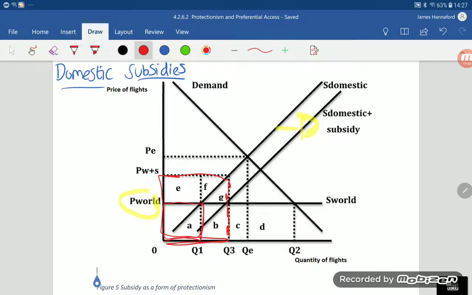So what we'll do is we'll now shade in this new revenue for the firm, the domestic firm. In contrast, the foreign producer revenue was B, C, and D. Okay, so that was the quantity being imported times the price, so it would have been this area in green. However, after the subsidy had been introduced, they were just providing area B.